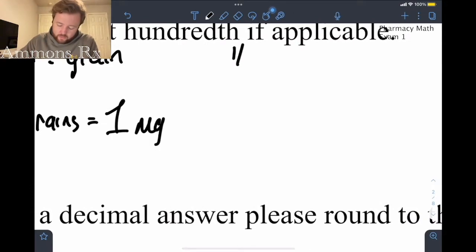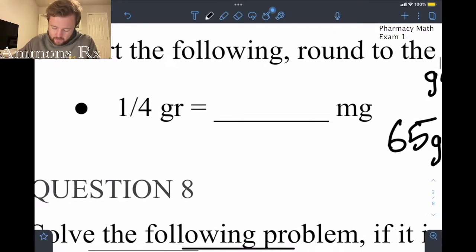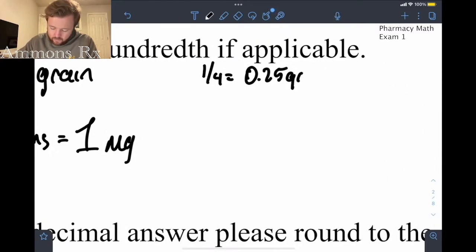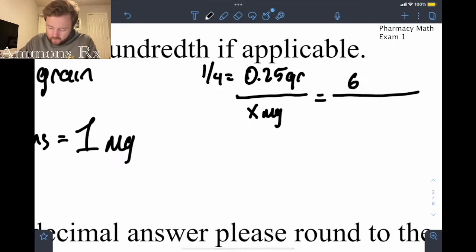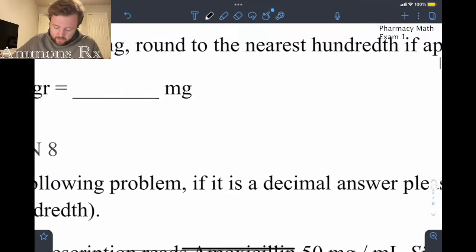So make sure to do 1 divided by 4 is equal to 0.25. And that is going to be grain. So 0.25, we don't know how many milligrams that is, but over here I have my conversion factor, right? Because there are 65 grains in 1 milligram. And so I will do 0.25 times 1 divided by 65.